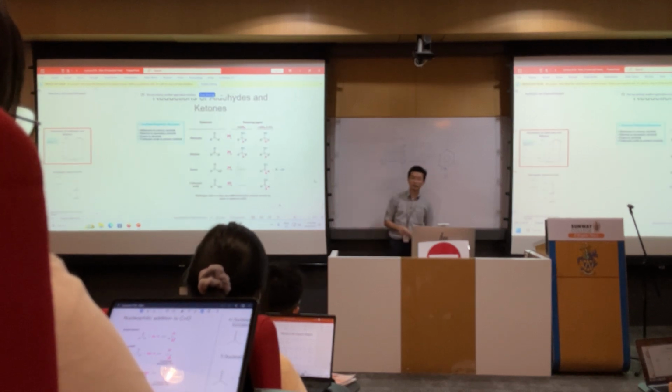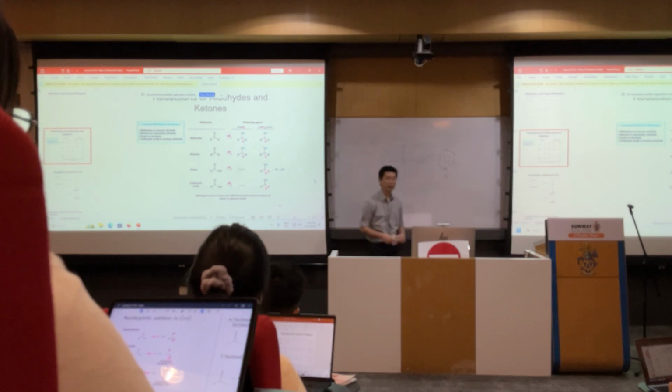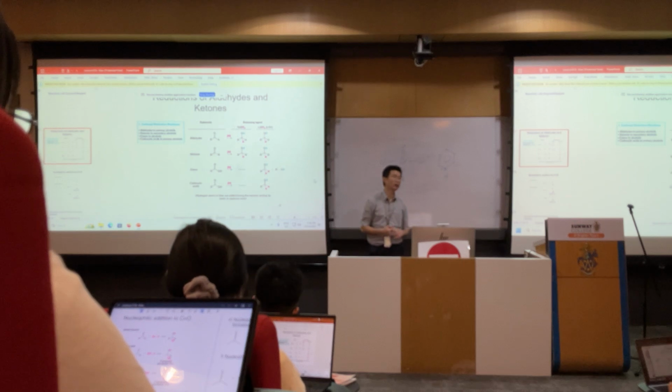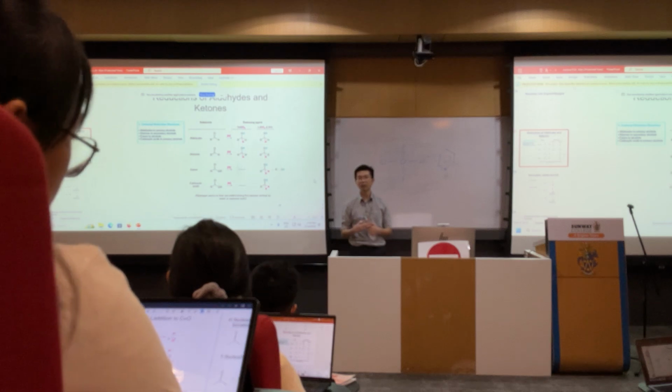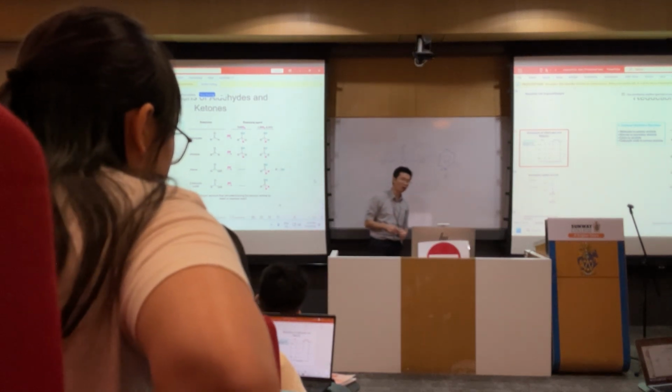And then besides using Grignard reagent, you can also use sodium borohydride or lithium aluminum hydride. So these three reducing agents can reduce carbonyl group into alcohol.